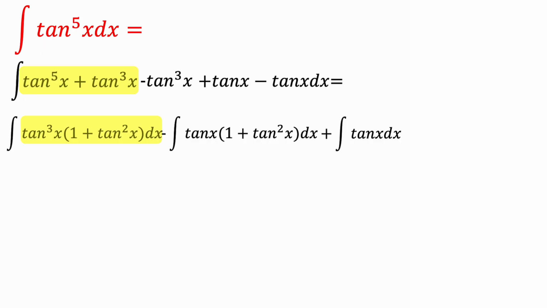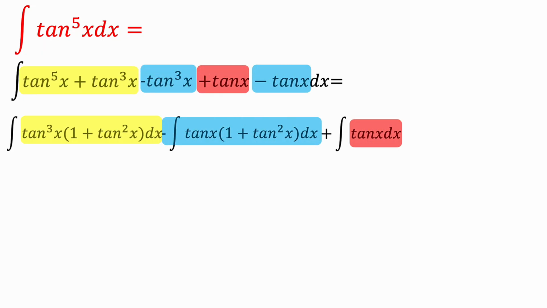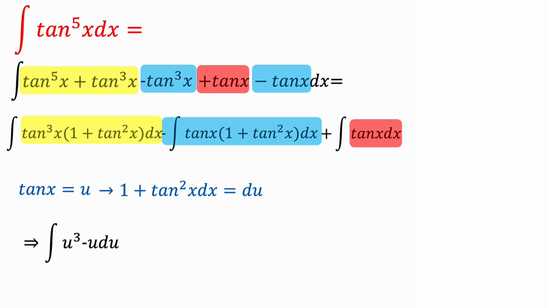What do you see underneath the power? Tangent x. Let's set u equal to tangent x. If tangent x is u, then 1 plus tangent squared x dx becomes du. Now, let's rewrite the integral. What do we get? From the first part, u cubed du, excellent, minus u du plus the integral of tangent.